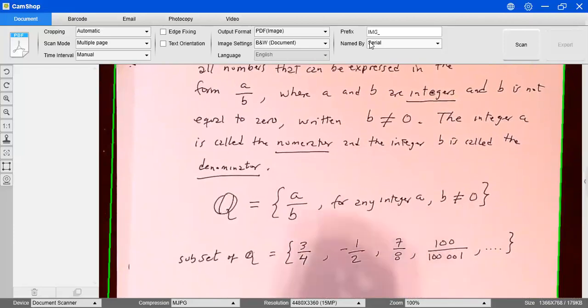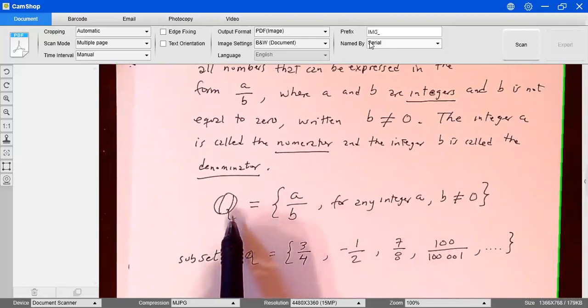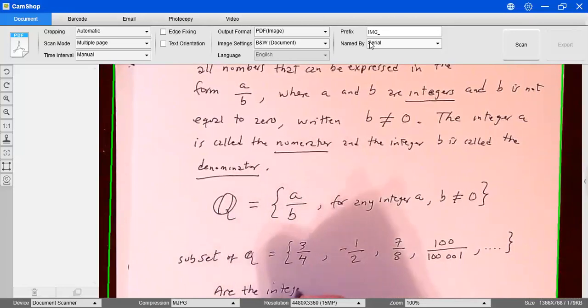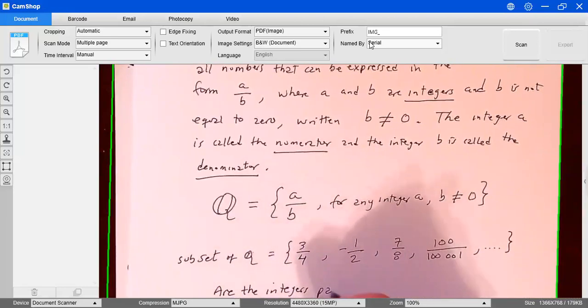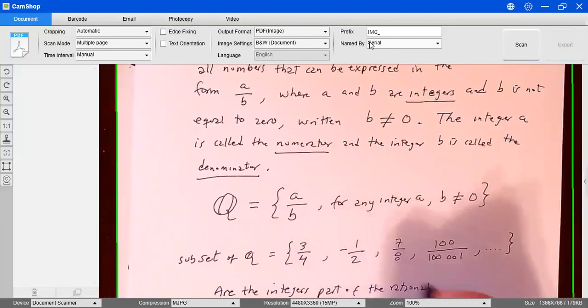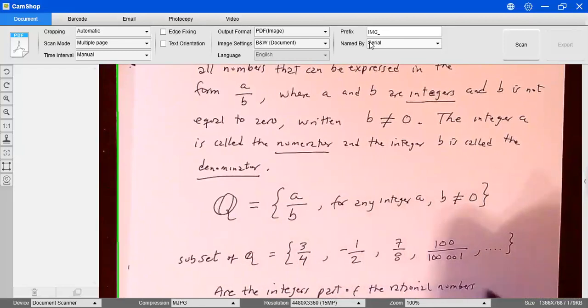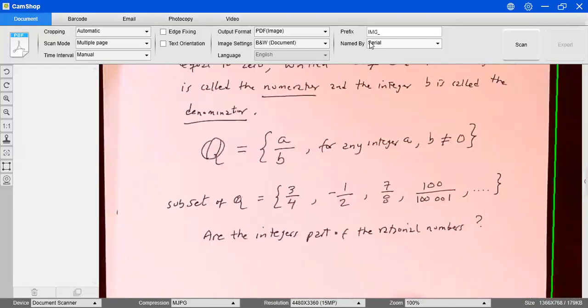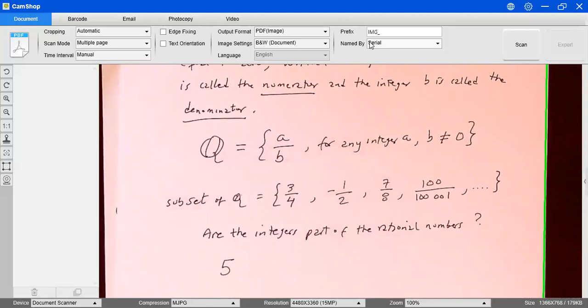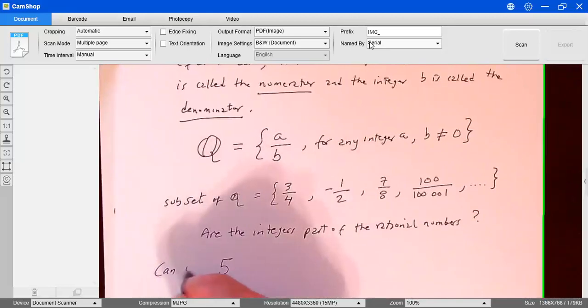So what about the integers? Are the integers part of the rational numbers? This is a very important question. What do you think? Can you write 5 as a fraction?